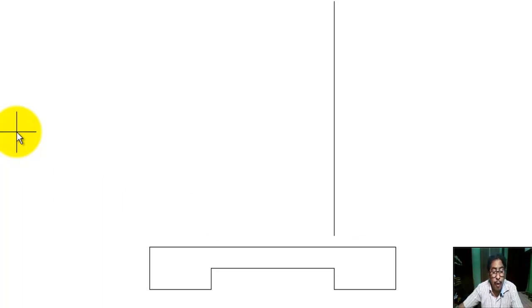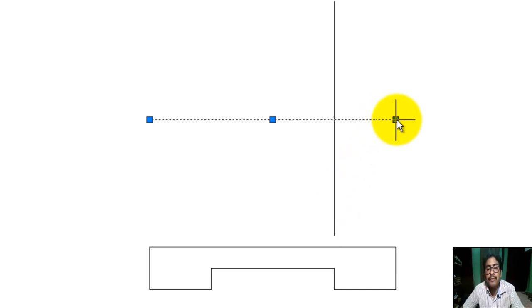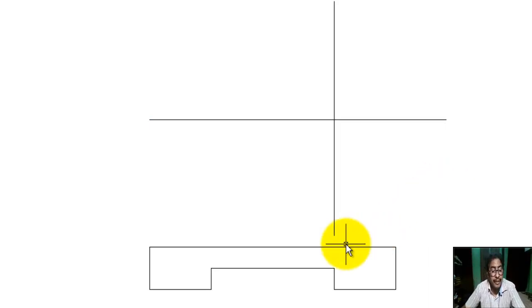For parallel line, click on offset command, offset distance 60, select object to offset, specify point on side to offset. Okay, now draw the circle, 70 millimeter diameter circle and 30 millimeter diameter circle.